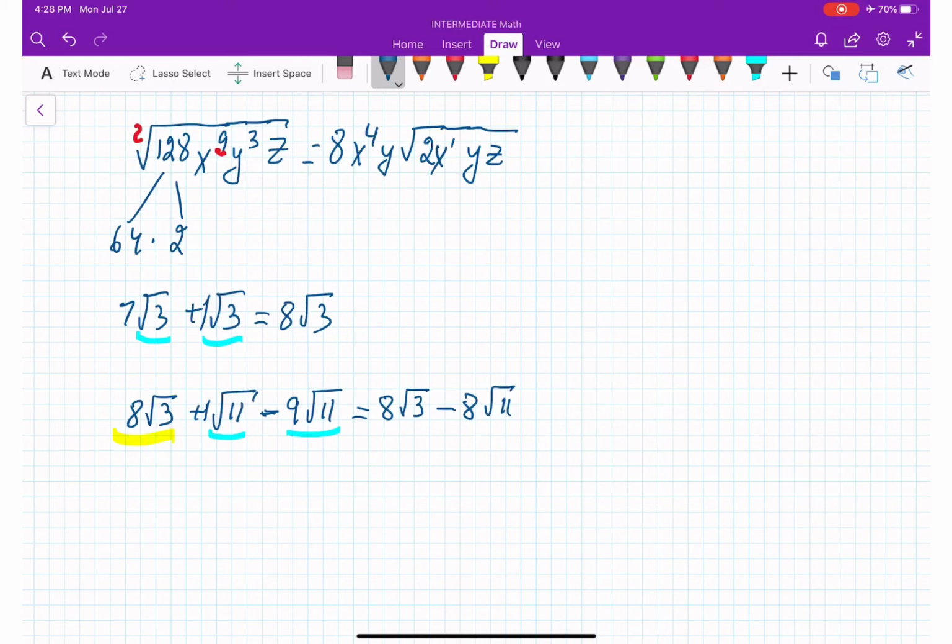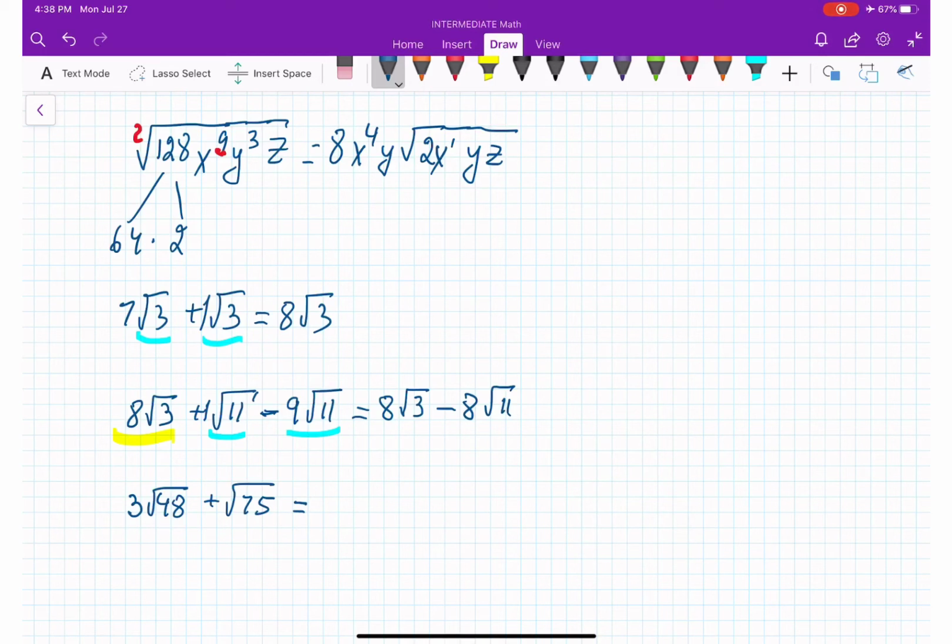Next one. Question number 10. This is the 10th problem I'm solving. 3 square root 48 plus square root 75. How are we going to add these two together?